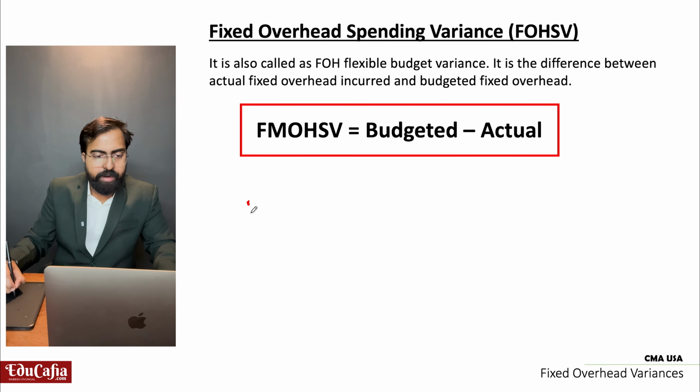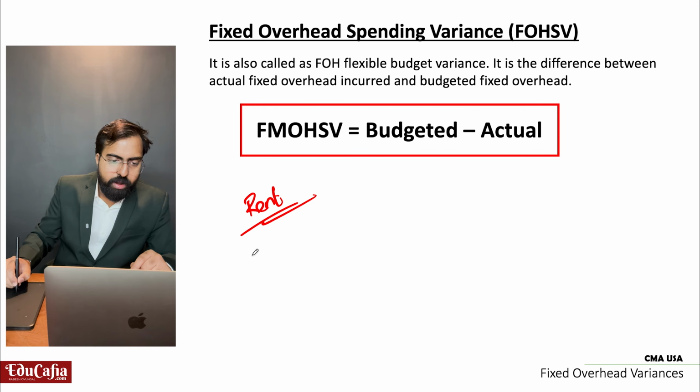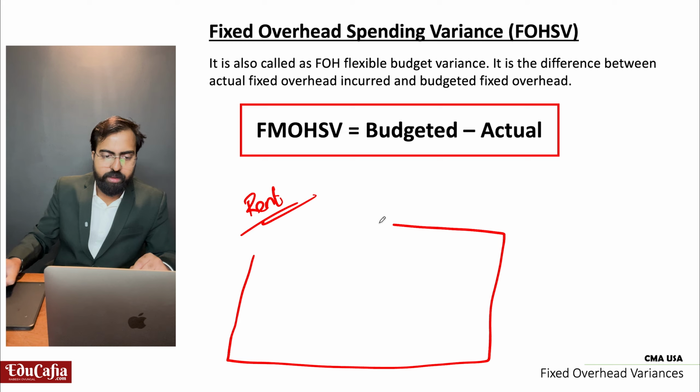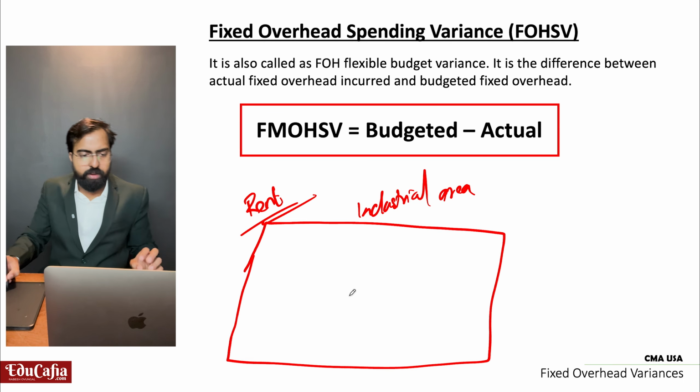When it comes to rent, we are giving rent for the factory, right? That is also a fixed charge. Now, we have taken this much place in an industrial area, which is owned by the government or a private person.